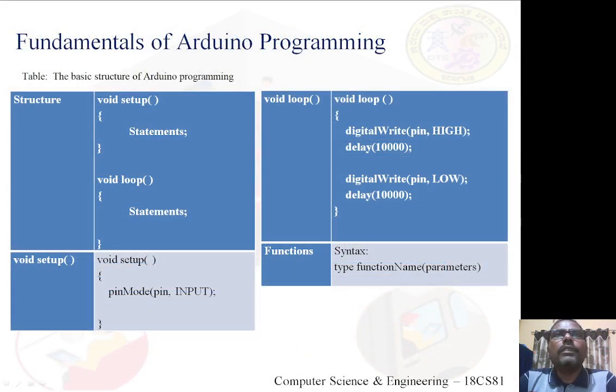Now, let us have a look at the fundamentals of Arduino programming. First look at the slide, okay? At the left side, you can see a structure, which I have highlighted.